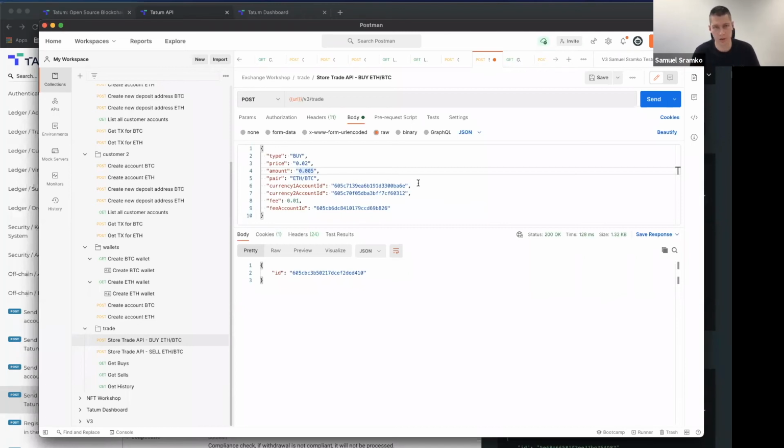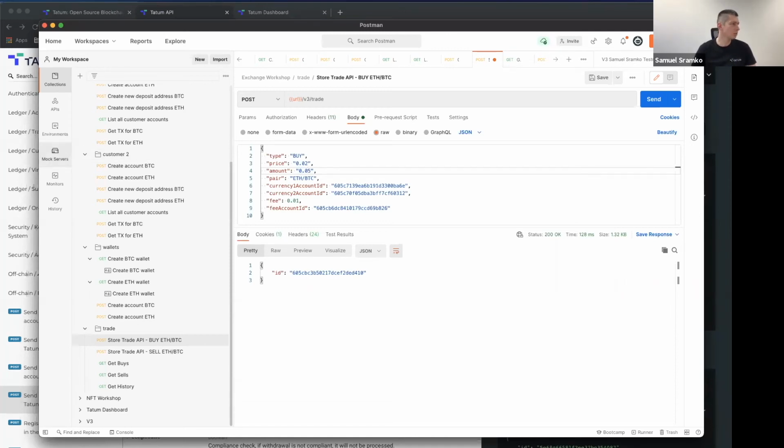What was the margin? How much he wanted to buy, and stuff like that. So all you have to do when there is a margin like 10 times, you just adjust the parameters which are sent to the create trade endpoint.